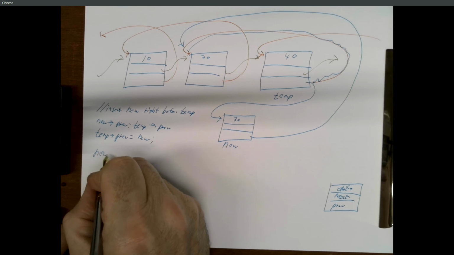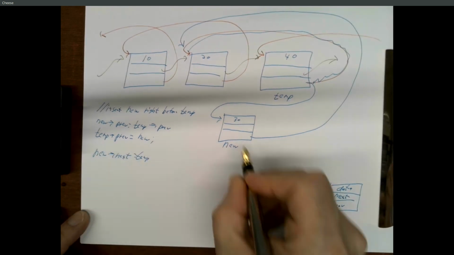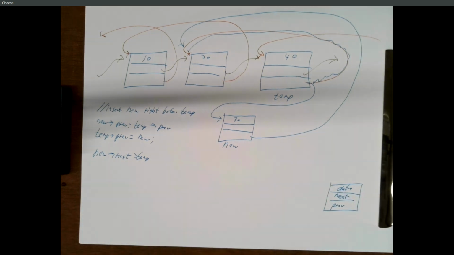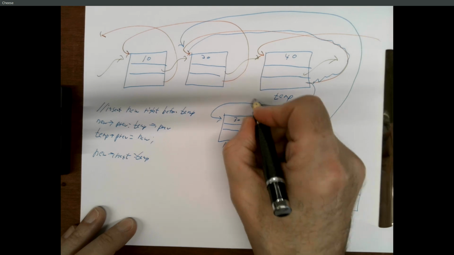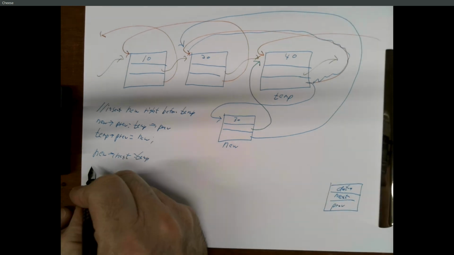New next is equal to temp. So new's forward pointer should go right here. Looks perfect. New arrow previous arrow next.